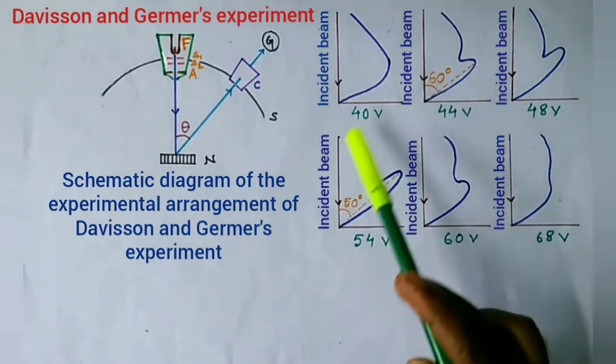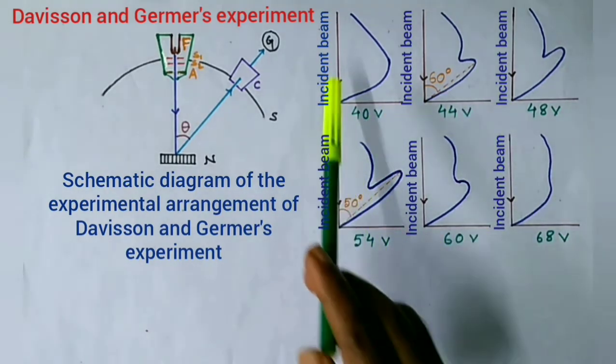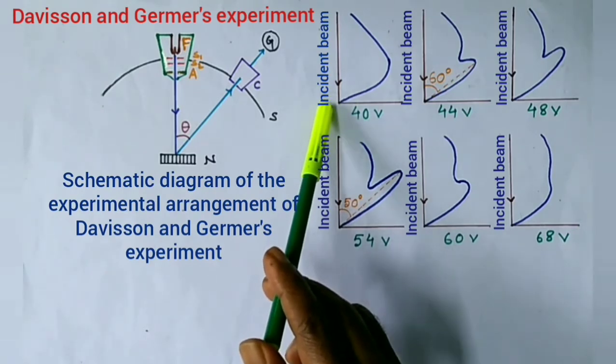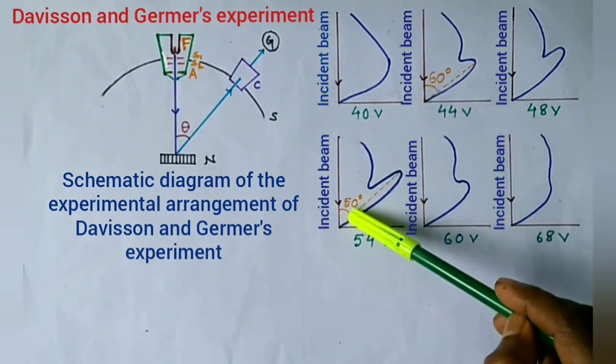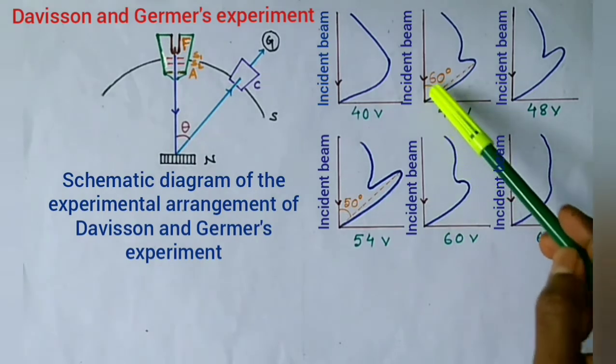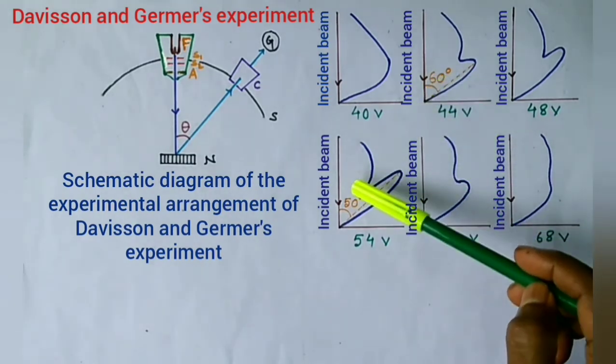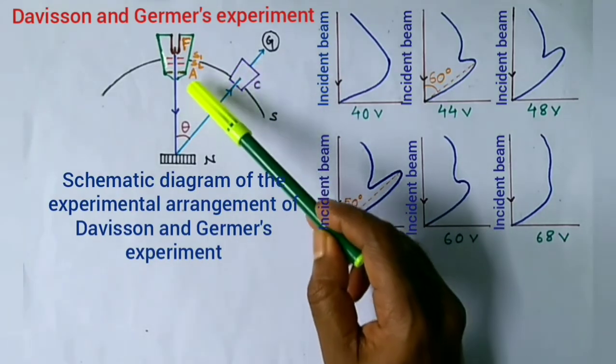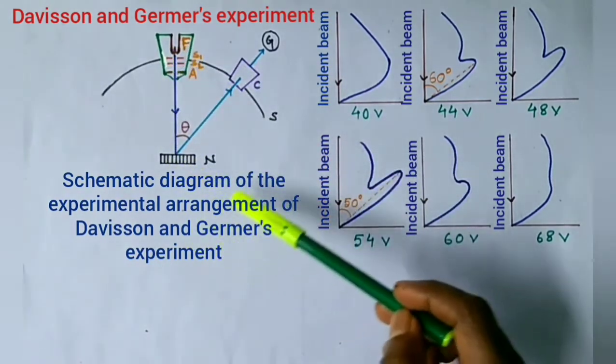Students, these are the polar graphs. This line indicates the direction of the incident beam. These angles indicate the scattering angle. This is the position of the cup with respect to the incident beam.